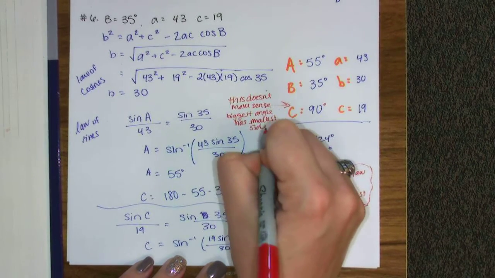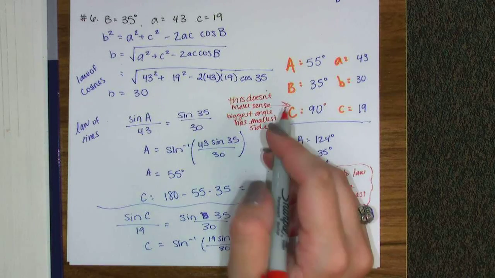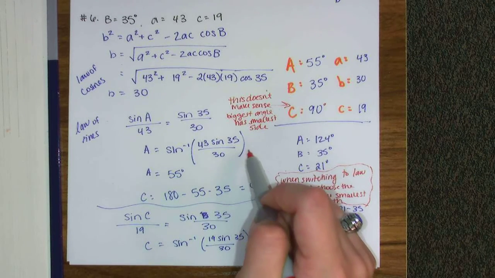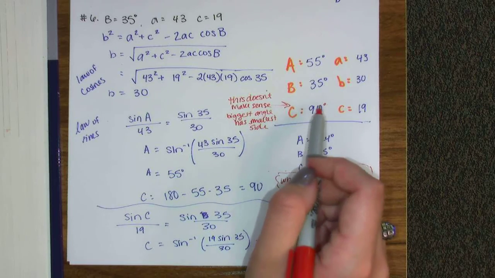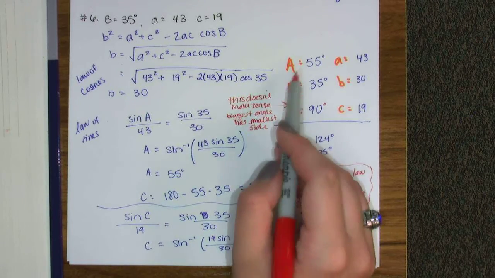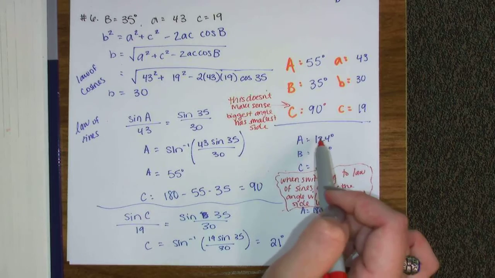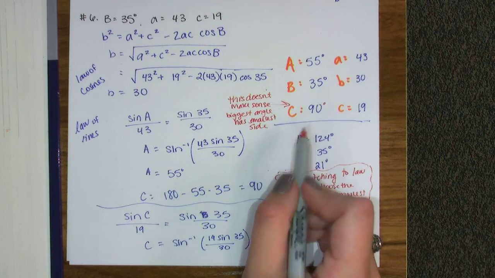If you make a comment like that and let me know you realize, hey, I made a mistake, I'll know that you recognized that this is not good, but you had already solved it, and I don't want you to have to go back and resolve it. So always go with the smallest side when you're doing the law of sines.